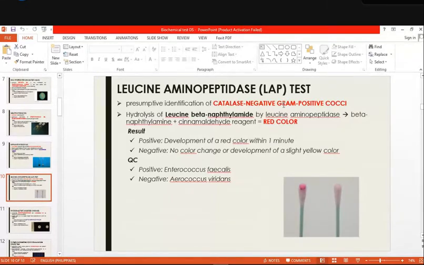Ano si mga catalase negative gram positive cocci? Doon sa ating test kanina, pag nag-catalase test tayo, sino si catalase negative gram positive cocci? Sino yung mga yan?